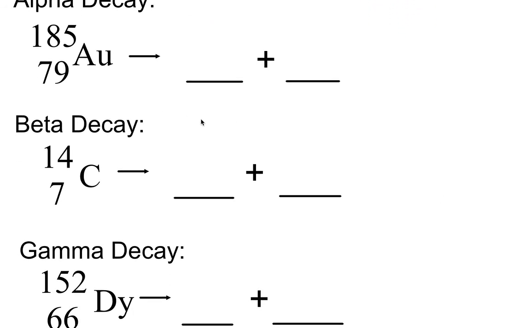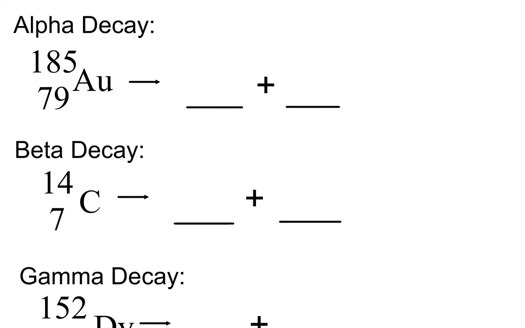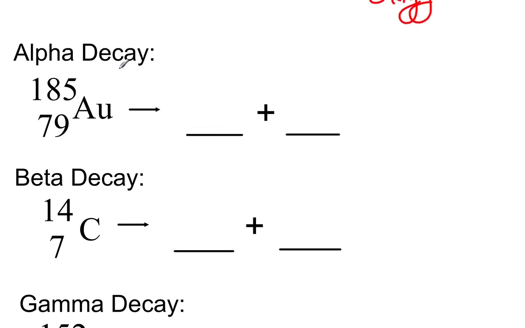All right, now, what if I give you nothing but the type of decay that occurs? I tell you this is alpha. Alpha to you should immediately pop up the 4 over 2 He in your head. So this is going to be emitted. In alpha decay, this little guy is emitted. That means 185 minus the 4 leaves me with 181. And then 79 minus 2 is 77.